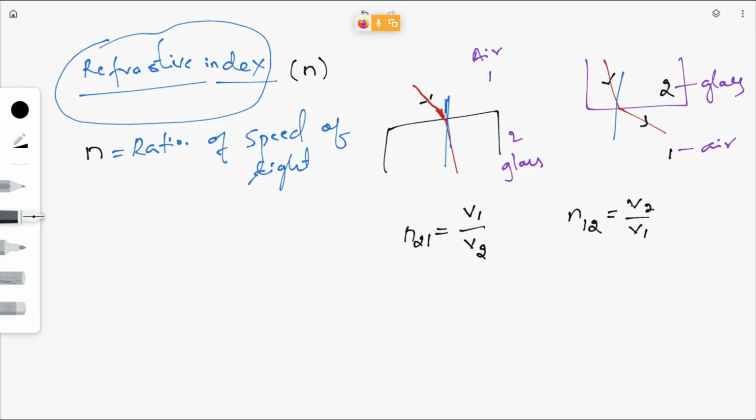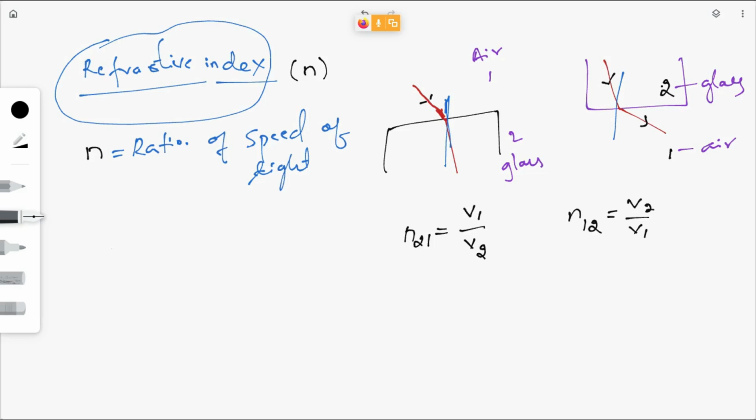Just remember this one: speed of light in the initial medium divided by speed of light in the secondary medium. So here the initial medium is air to glass, so speed of light in air divided by speed of light in glass.